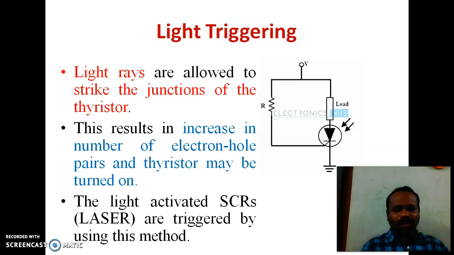Whenever the number of electron hole pairs increases, the conduction increases. Due to this, the thyristor is turned on. This type of triggering of SCR is known as light activated SCR or light activated triggering.